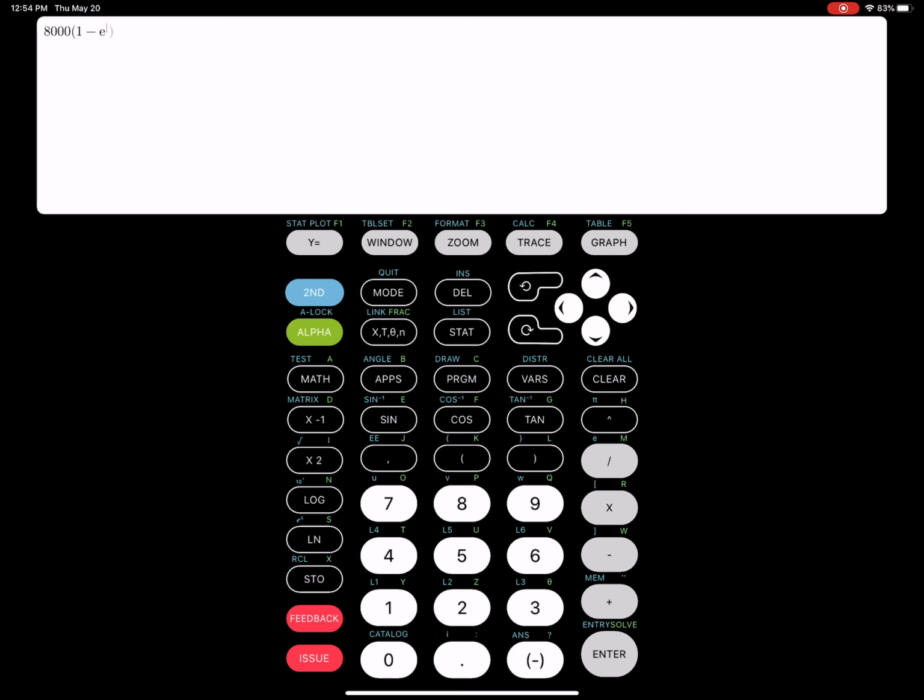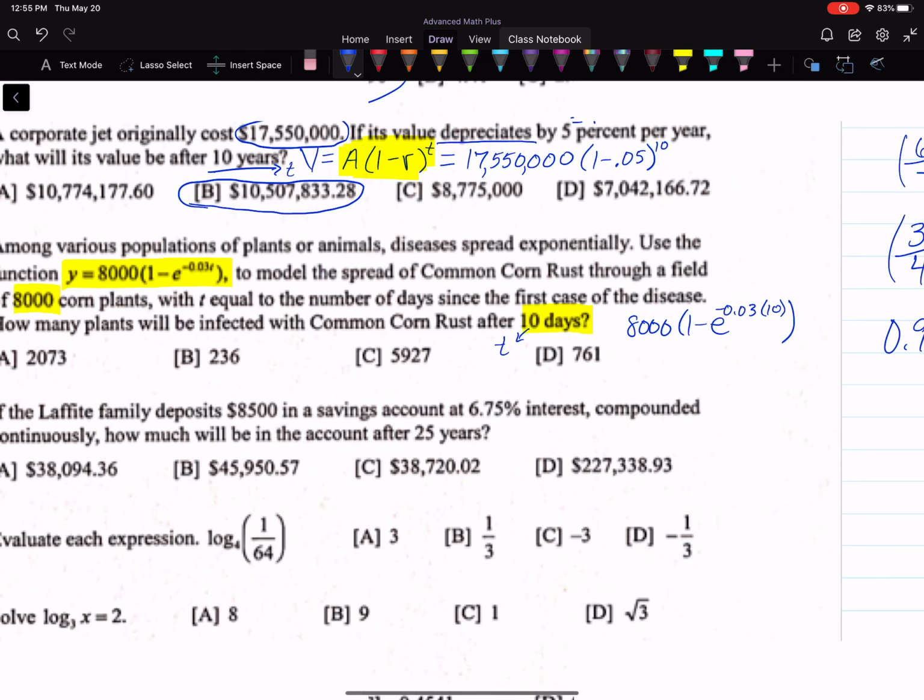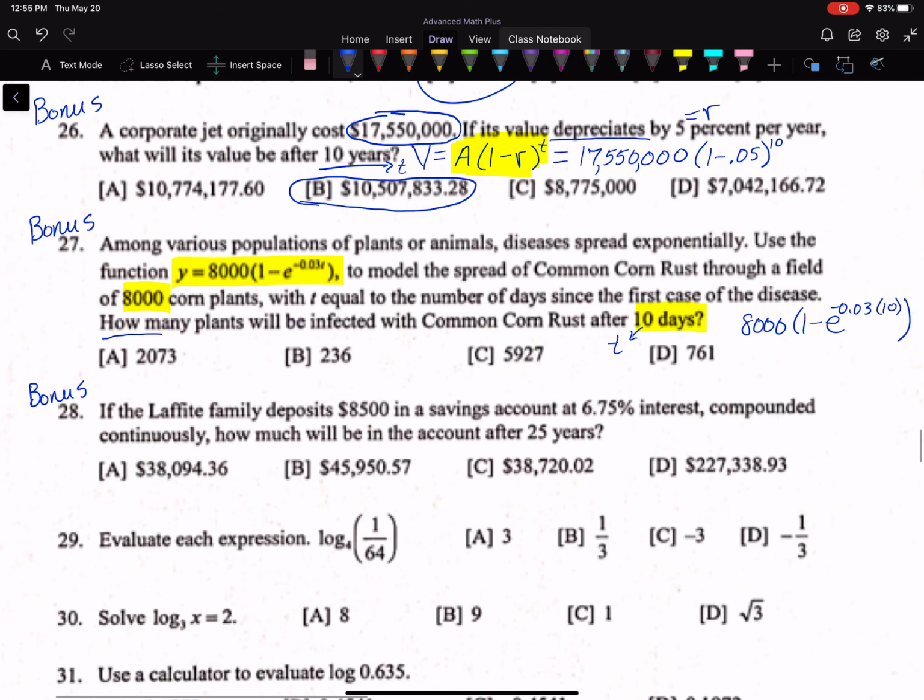And it was E to the negative 0.03. So negative 0.03 times 10 power. Close those parentheses. Nope, not that one. Times 10 first. So times 10. Now close your parentheses. Enter. 2,073.45. So 2,073 would be A.